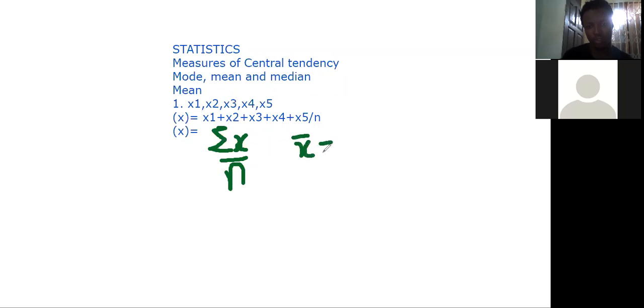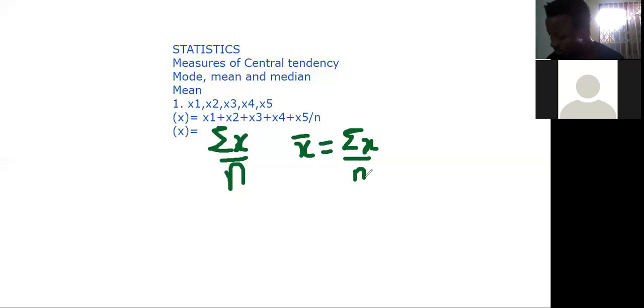That's the simplest way of finding the mean of data like this. I hope you all get it. You all get it? Yes, sir.